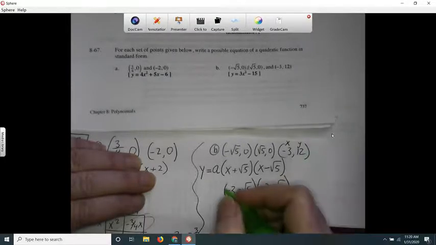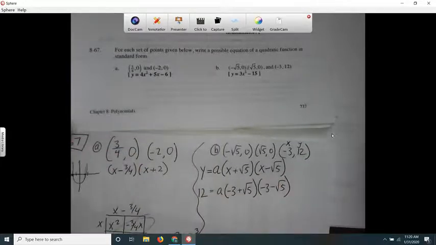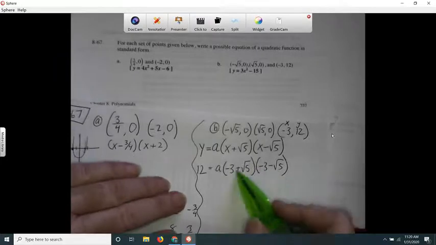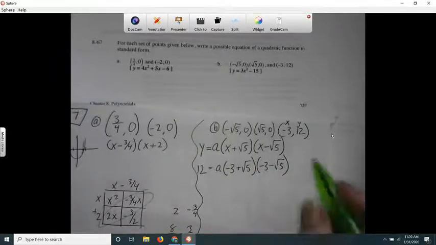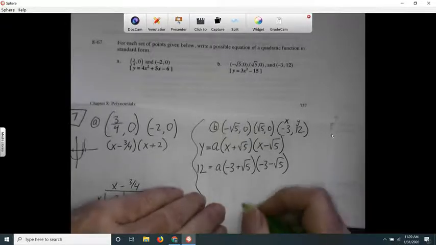And then this is A, and then this is 12. I guess I can multiply them together like this.